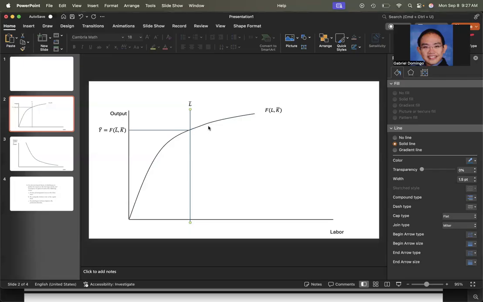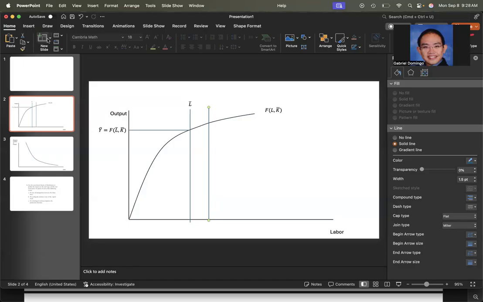Well, the new intersection then, let's try to make this out. So let's say you had a new L here, so on. Let's say that increase in L is, let's make up a number, 1.1. Let's say this is an increase of 1.1.